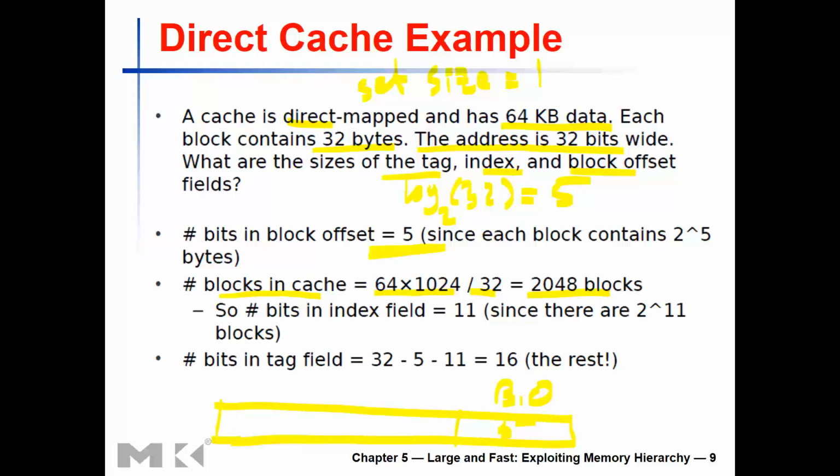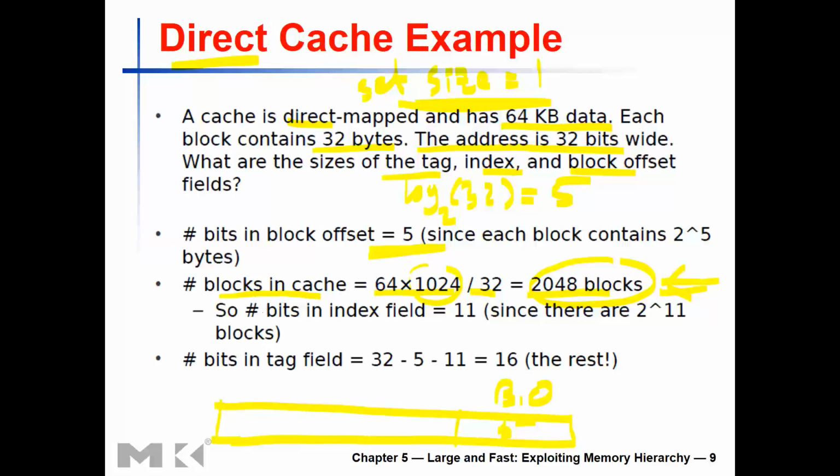Now, how many blocks do I have in the cache? Well, 64K divided by 32 gives me 2048 blocks in the cache. So how many sets do I have? Since it's direct, the set size equals 1, so the number of sets equals the number of blocks.